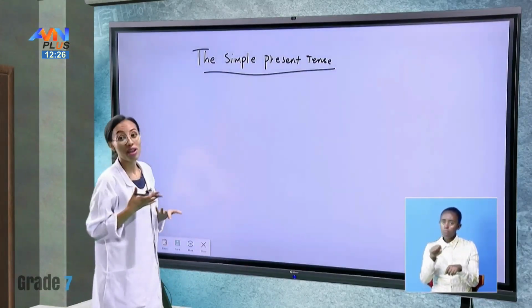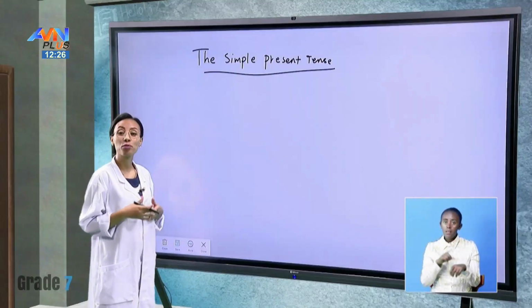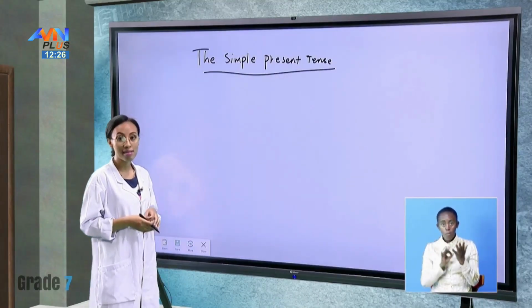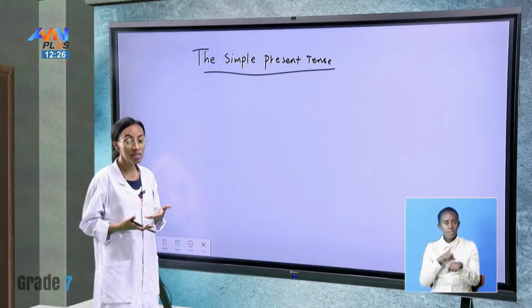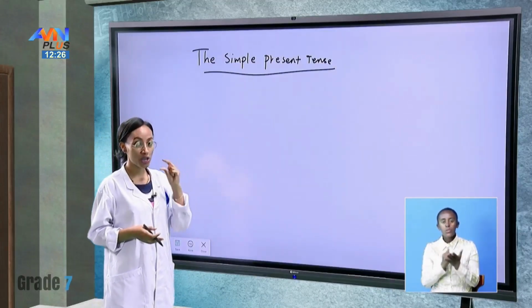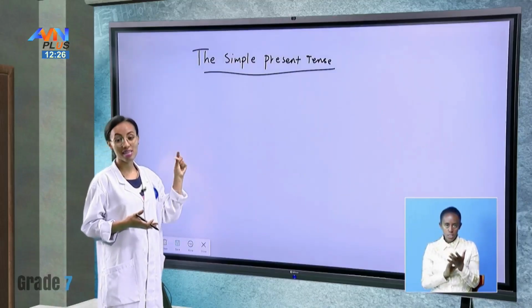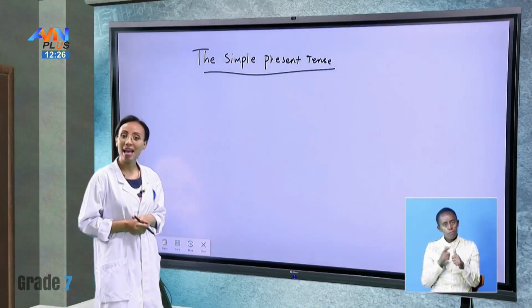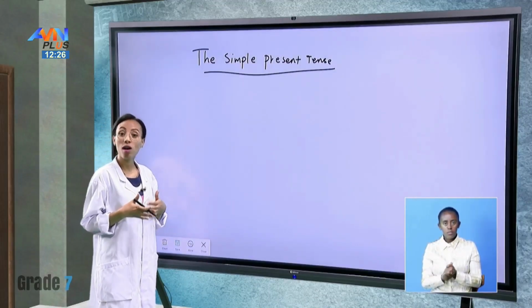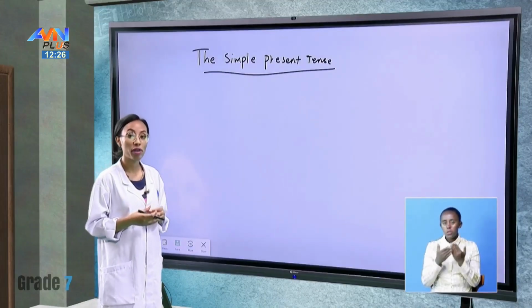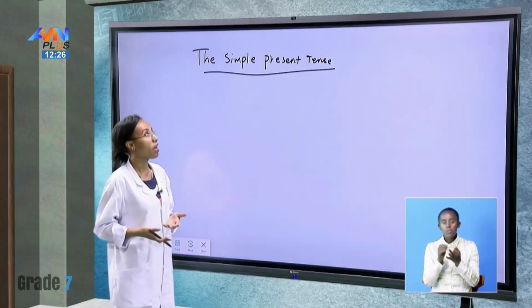Yes, the simple present tense is one of the 4 verb forms of the present tense. And we said it is the first in the line of forms. The simple present tense comes first, usually. And it is also, unlike the other tense forms, a simpler way of expressing a time or action.